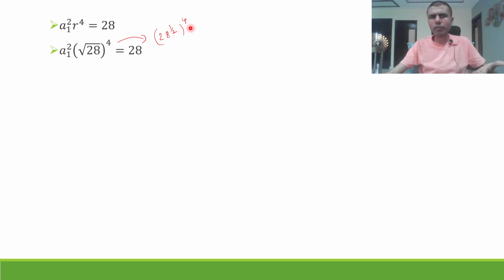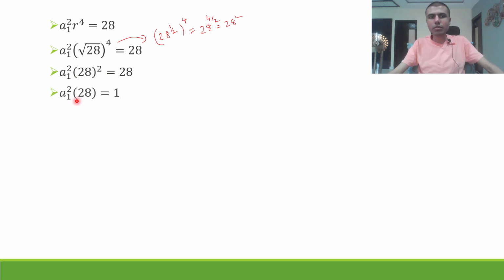A power m whole power n is a power mn. Somewhere in exponents we learned this, and the same thing we are using here also. So 28 power 4 by 2, which is 28 square. So A1 square into 28 square is nothing but 28. One 28 will get cancelled. A1 square into 28 is 1. So A1 square is 1 by 28. A1 will be 1 by root 28.